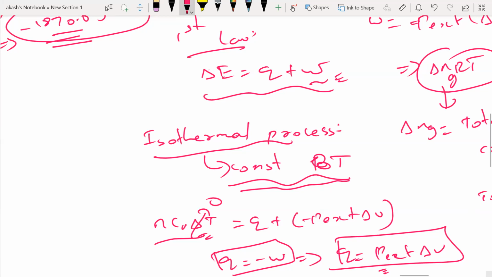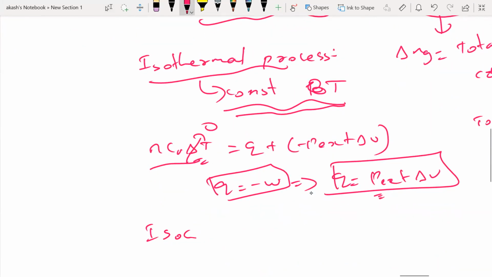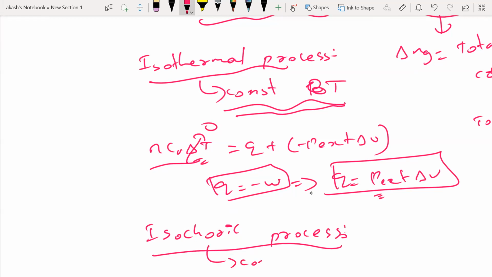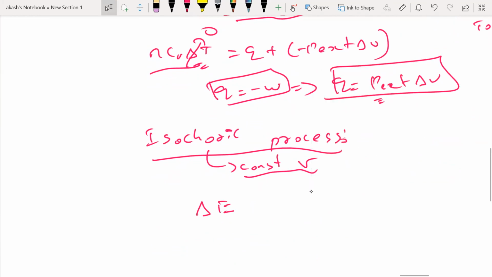Next one. What happens if I have an isochoric process? What do you mean by isochoric process? A process which is done under constant volume conditions. So if that's the case, I know delta E is equal to Q plus W. Let us substitute the values now.